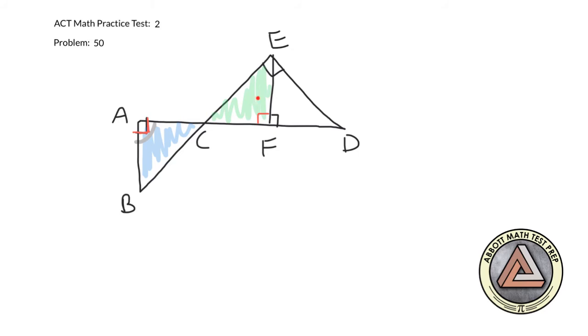So so far the green and blue triangles both have a right angle, right? And then we also know from a previous investigation that angle BCA right here is congruent to angle ECF due to vertical angles. And therefore, it must follow that angle B is congruent to angle FEC, this angle right there.